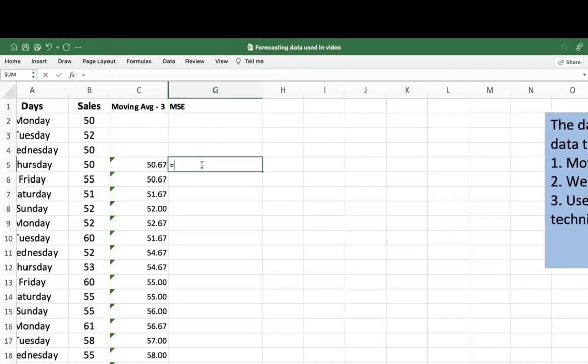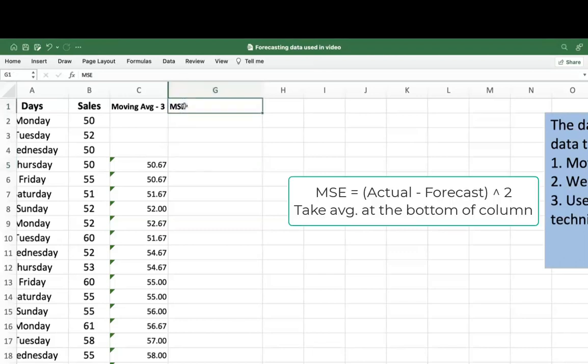The first thing could be that, let's say I take its difference. I'm just doing it for demonstration. At a later stage, I will remove this one. Just to explain, the difference or error part is equal to 50 minus 50.67.